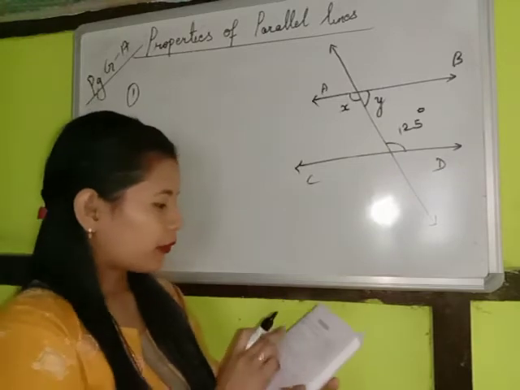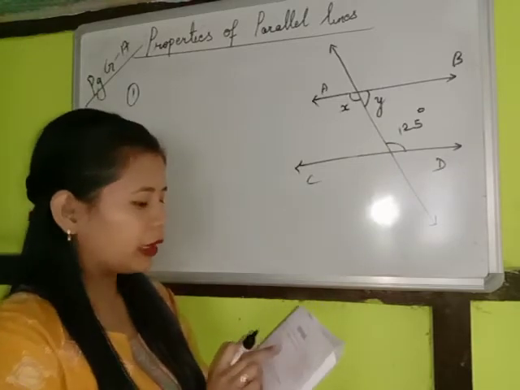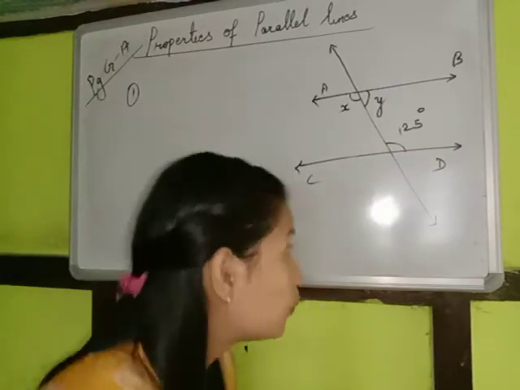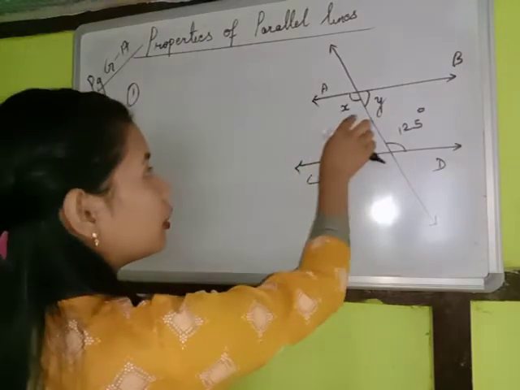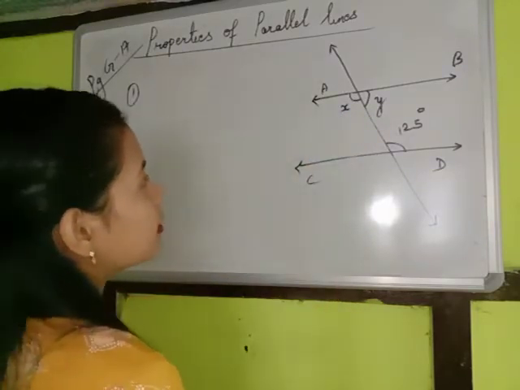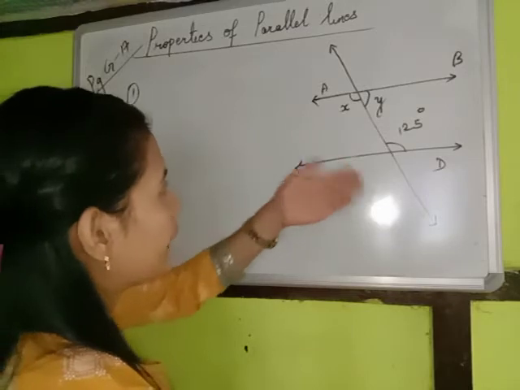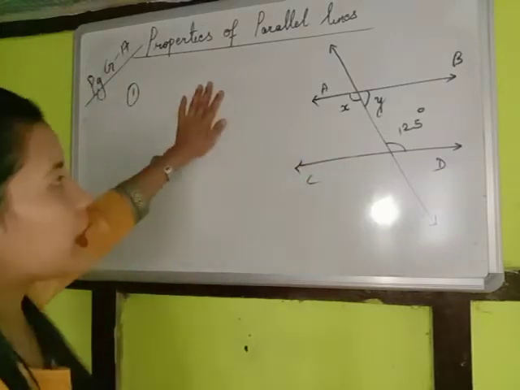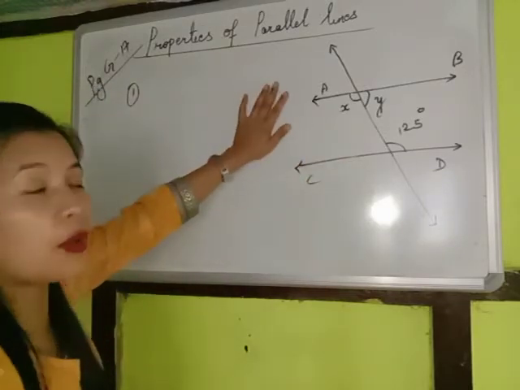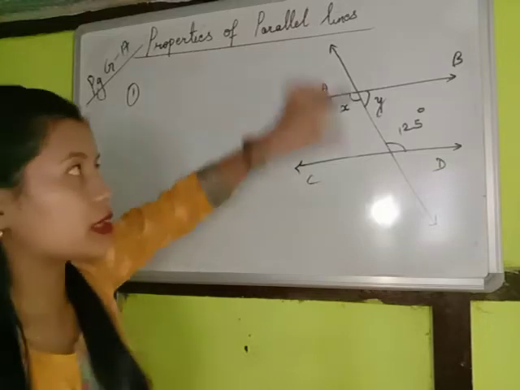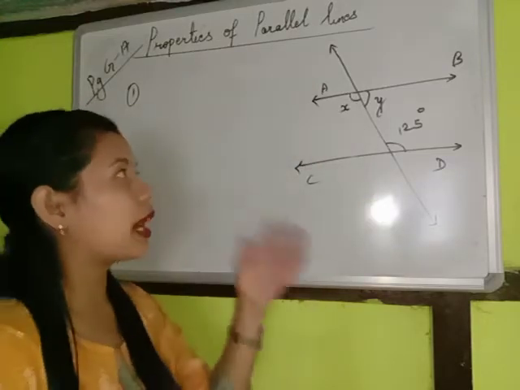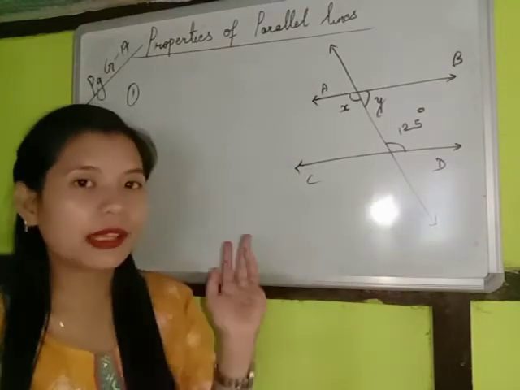Here we need to find the value of X and Y, right? These two are unknown. When we solve any problem where a transversal is involved, we will try to use the properties that we have discussed.